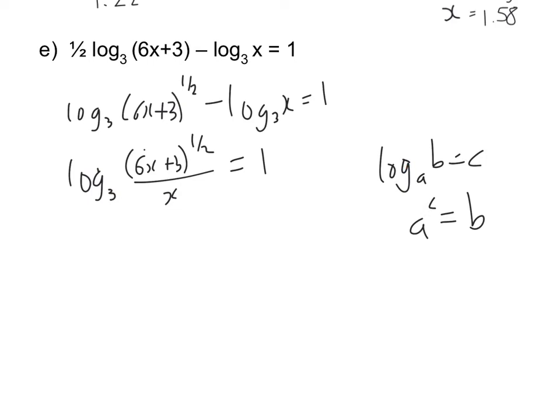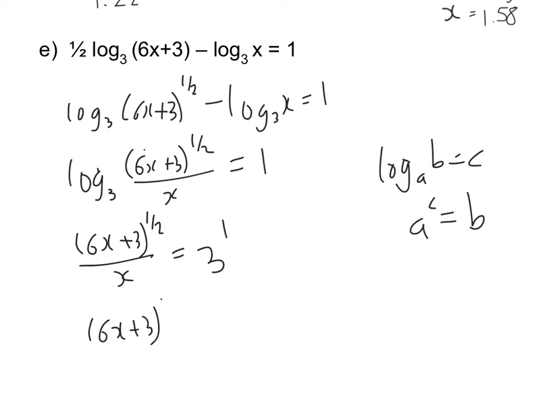Our a is the 3, what's being logged is the b, and the 1 is the c. So you can rearrange this and write it in index form, and that's saying that 6x plus 3 to the power of a half divided by x is equal to 3 to the power of 1. And we can bring the divide by x over to become 3x.